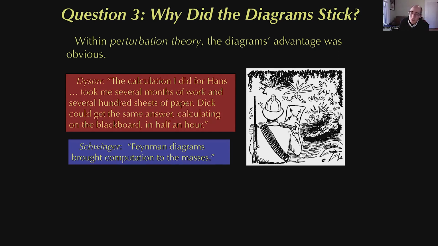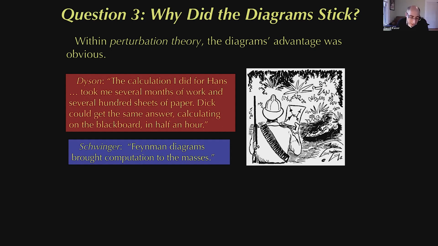Dyson remarked years later, the calculation he first did for Hans Bethe as a grad student before learning about the diagrams took him several months of work and several hundred sheets of paper. I've been there. Richard Feynman could get the same answer calculated on the blackboard in half an hour. And that was indeed what became more and more common.